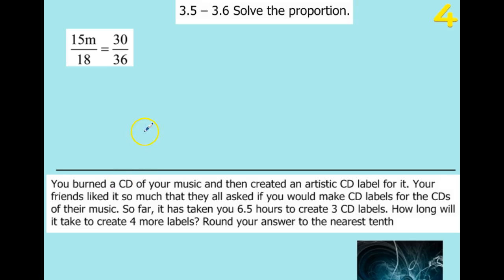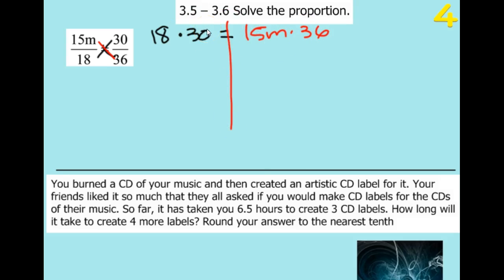A couple more with solving proportions. Cross multiplying. Doesn't matter which one you do first. I'm going to do 18 times 30. Set that equal to the other cross, which is 15m times 36.